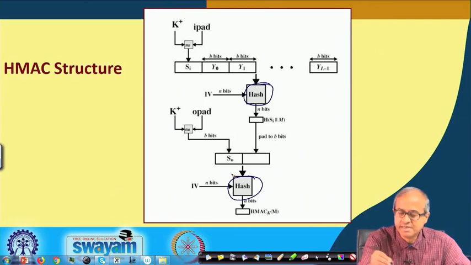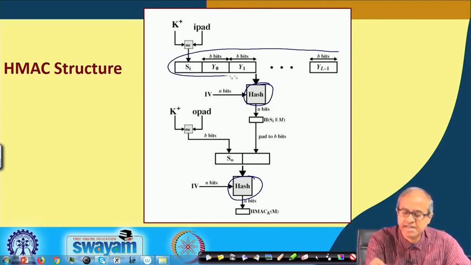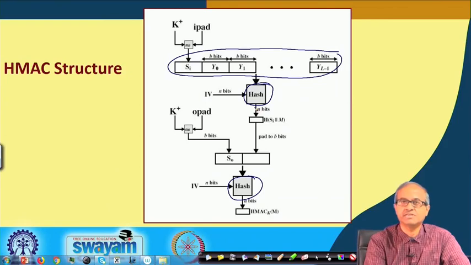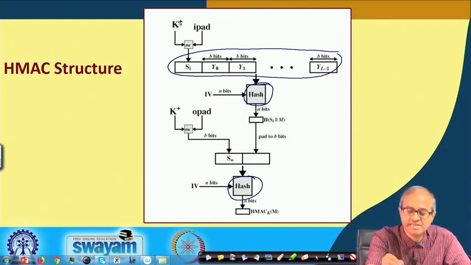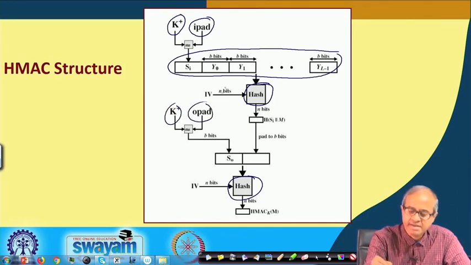Now, you can see this padding is done, these are the initial bits, you are dividing them into different blocks and one block at a time is being fed to this particular hash function. Using the same principle, there is a key, there is a pad, that P and Q you are using, in both these steps.